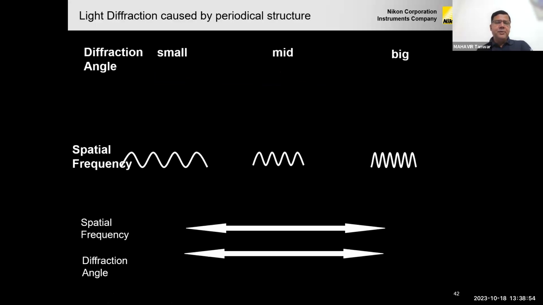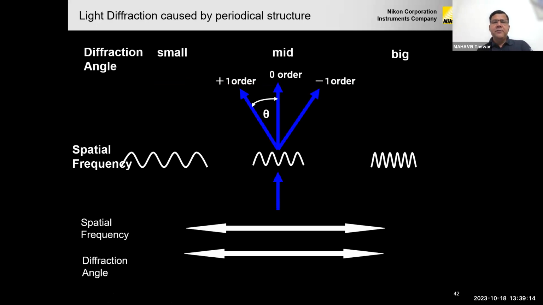Let's take an example of spatial frequency and diffraction angle in optics: small, medium, and large. If we shoot the light, light has multiple orders. The zero order has the conventional information, and super resolution and high resolution information will always be in the first plus and minus order. The diffraction angle is like this for a medium spatial frequency. If we have a small one, still it's okay.